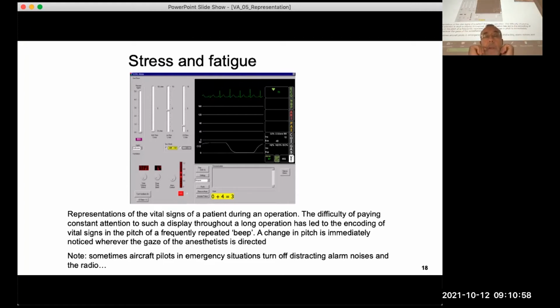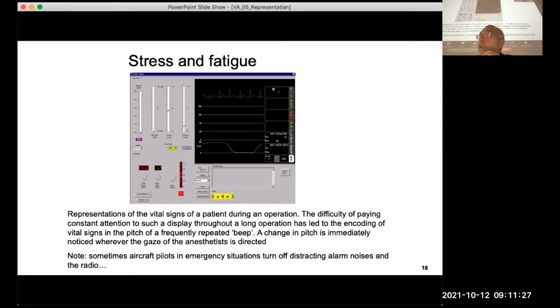But the main point is that sound is very good at changing your attention. An alarm raises your attention. A change in the frequency raises your attention. And the involvement in your perception is so strong that very often a pilot is going to turn off an alarm in an emergency because the sound is disturbing.